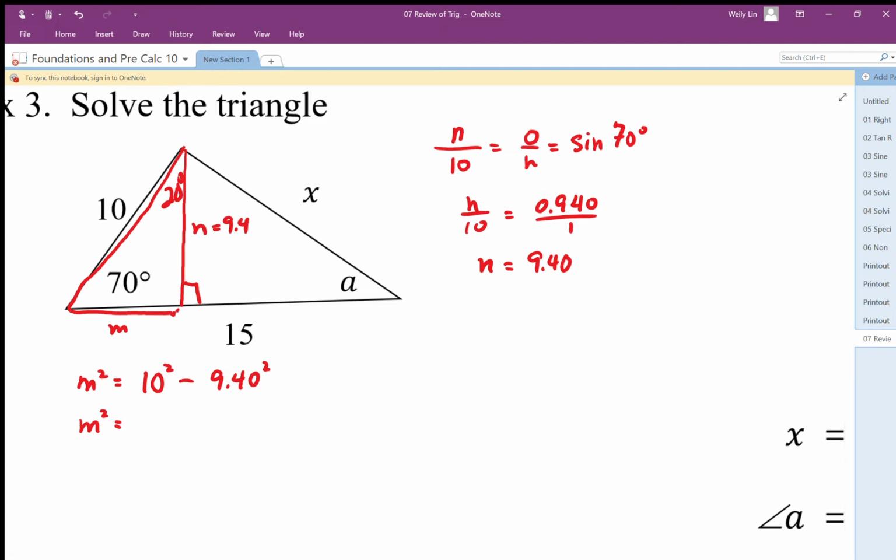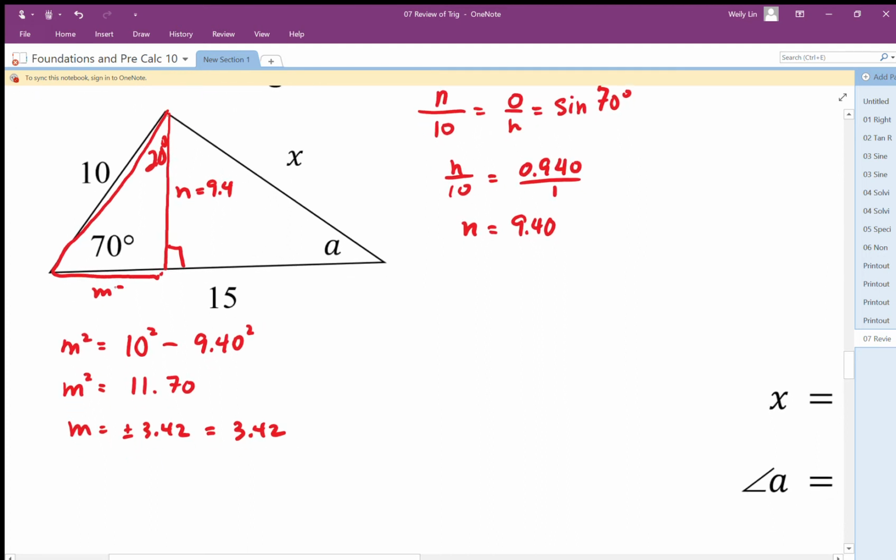So I'm going to go 10 squared minus 9.4 squared. I end up with 11.64, and then the square root gives about 3.42. If you're around 3.4, that's pretty good.